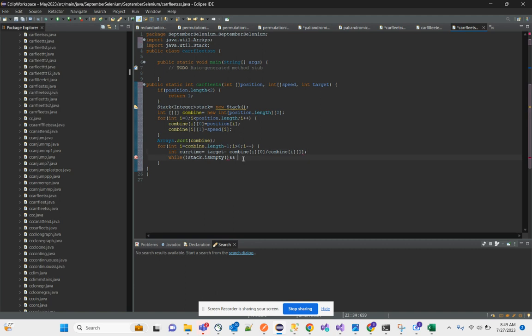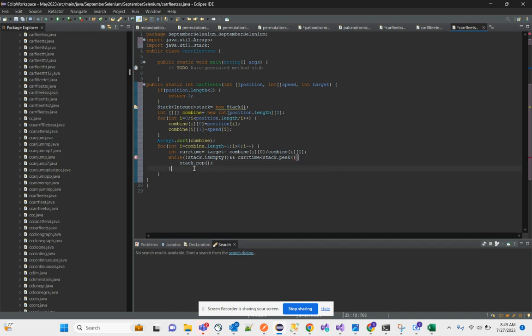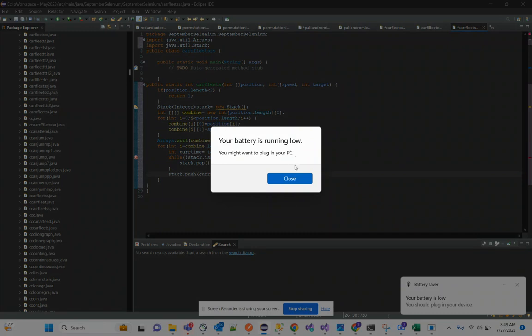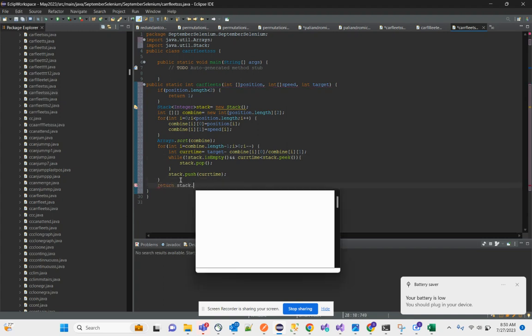If current time is less than the stack dot peek, then we are going to pop it, stack dot pop, or else we are going to push the current time with stack dot push, and return stack dot size. Sorry for that, I have to put the charger. So return stack dot size.